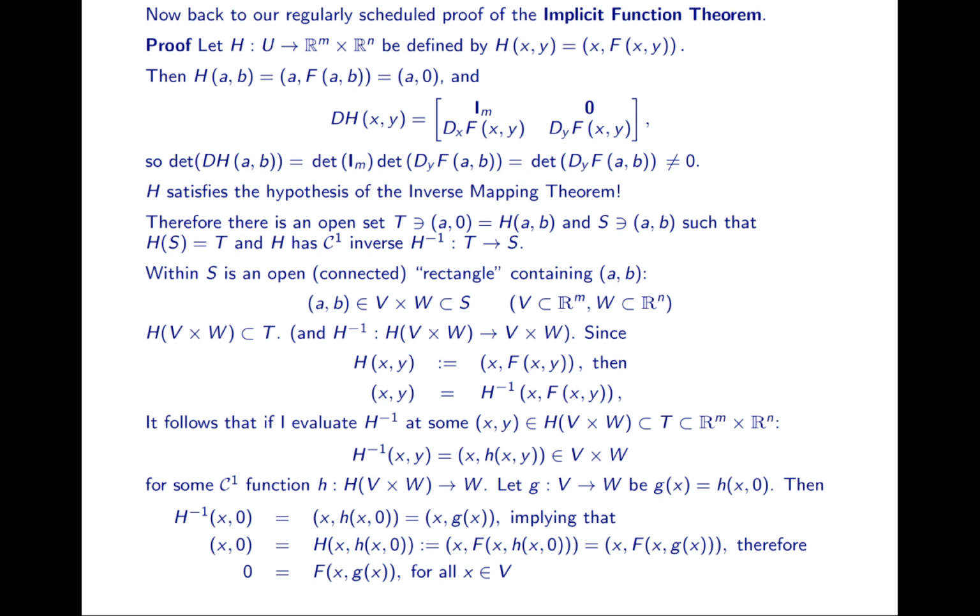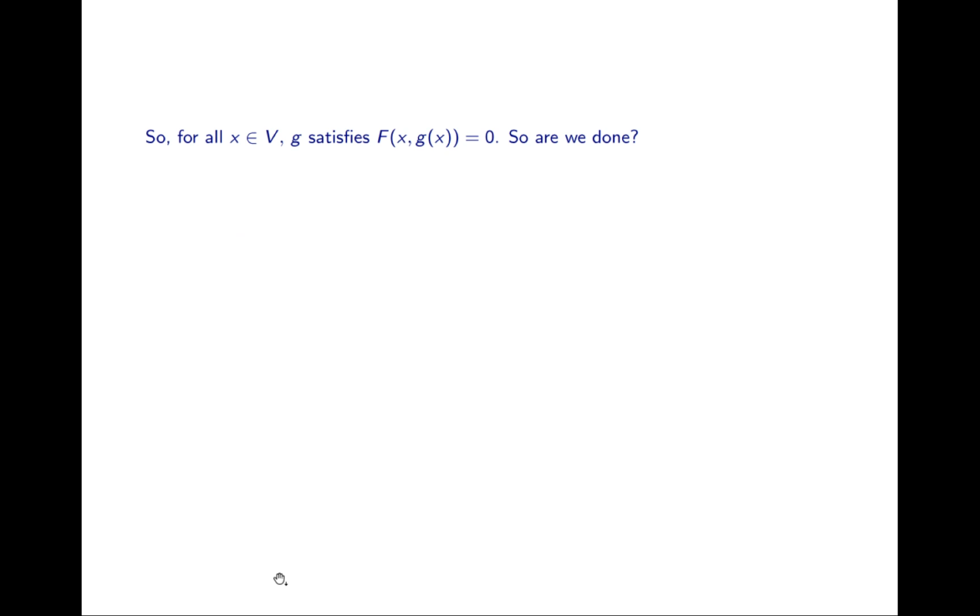So I have found a function g so that the graph (x, g(x)) is on the level set of f(x, y) equal to 0. So are we done? Did we do it? Well, let's see. Does g of a equal b?